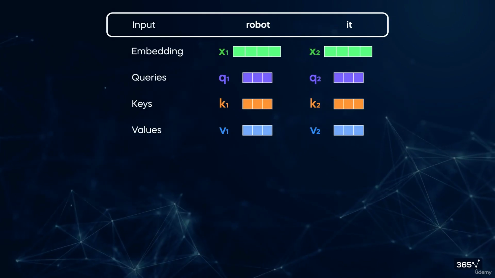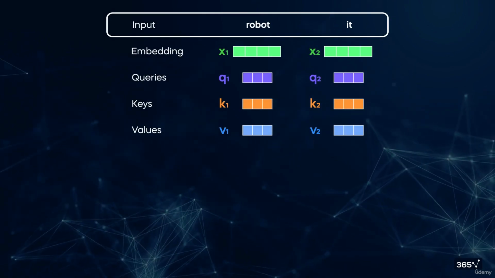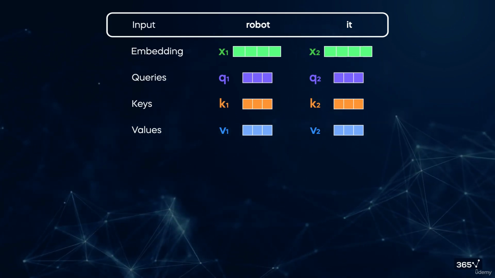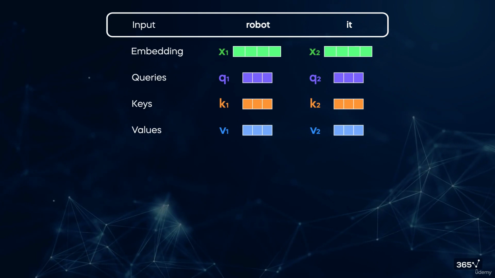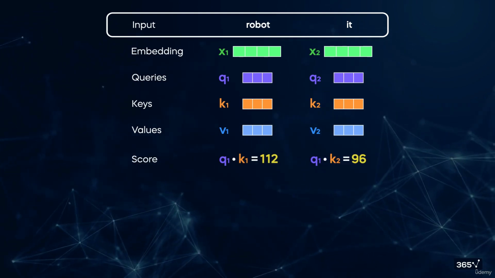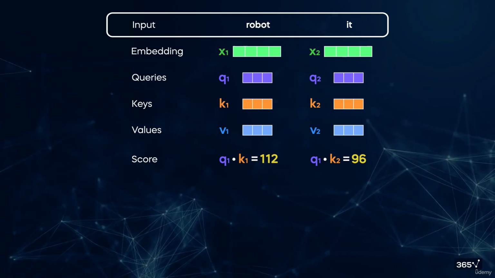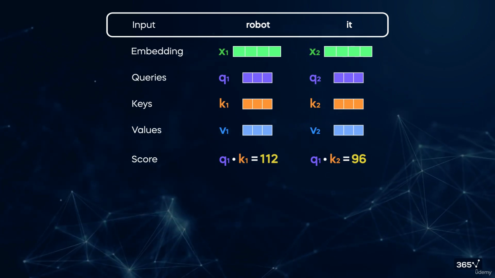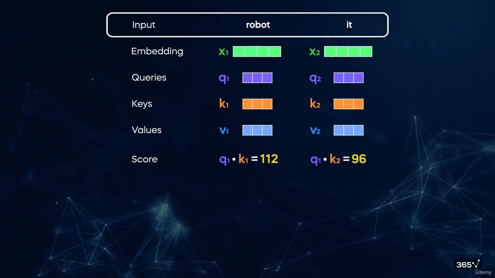The next step in the process is that we calculate the similarity between each query vector and all key vectors using dot products. This produces a set of similarity scores, one for each token in the sentence, indicating how much attention each token should receive from the currently attended to query token.